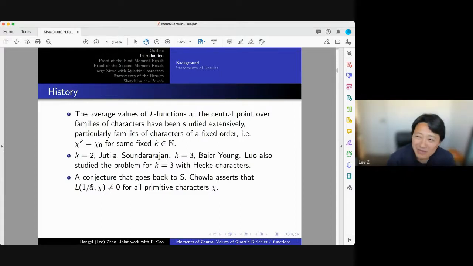What do I mean by a good reason? What I mentioned earlier, the order of vanishing can be related to the rank of the group of rational points of an elliptic curve for elliptic curve L functions. So if you know an elliptic curve has positive rank, then that's a good reason for that L function to be 0 at the central point. There's at least one other possible reason: if the root number is -1, then the L function is necessarily 0 at the central point.